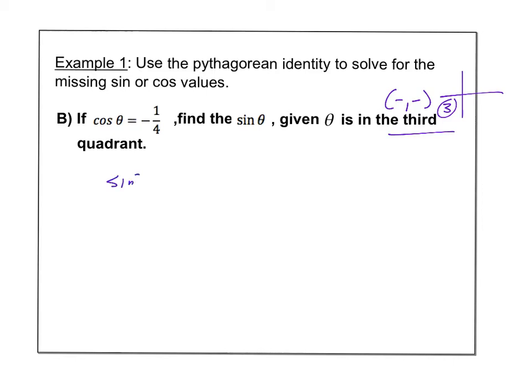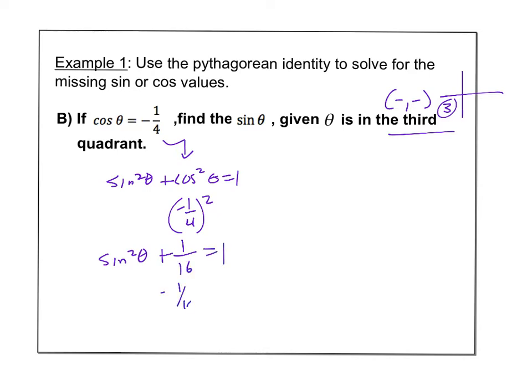If I take sine squared plus cosine squared equals 1, this is going to be negative 1/4 squared. Keep that sine squared theta, or you can switch it to x squared; for all intents and purposes, it's fine.